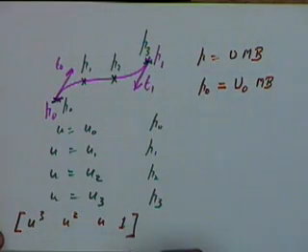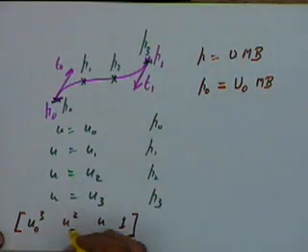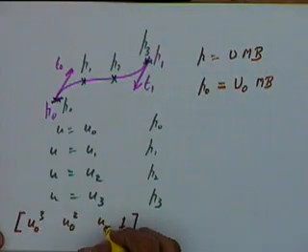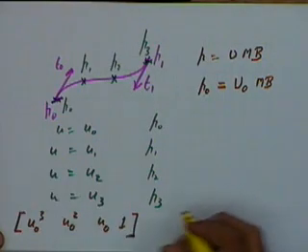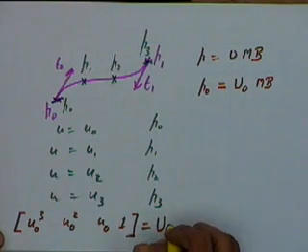This is my U matrix, so u0 will be u0 cube, u0 square, u0 and 1.